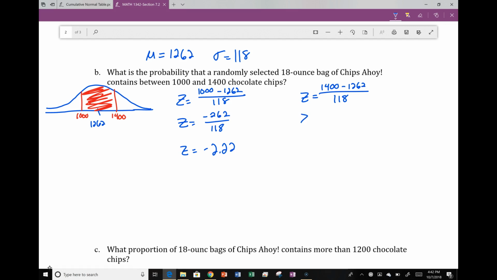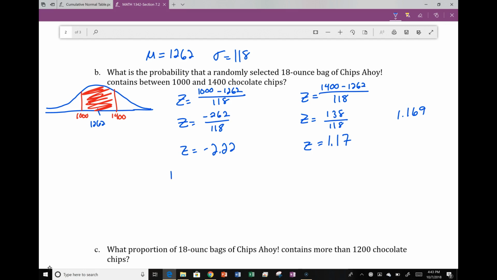Doing the 1,400, I take 1,400 minus 1,262. That gives me 138, which is positive, divided by 118. With my rounding, I get a 1.17, because whenever I divided that, I got about 1.169, which changes the 6 into a 7.